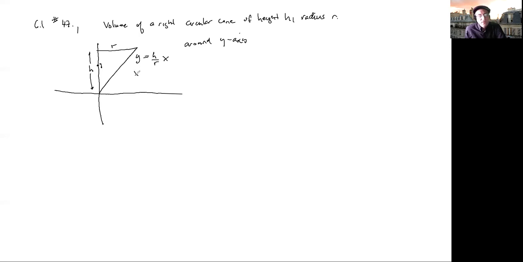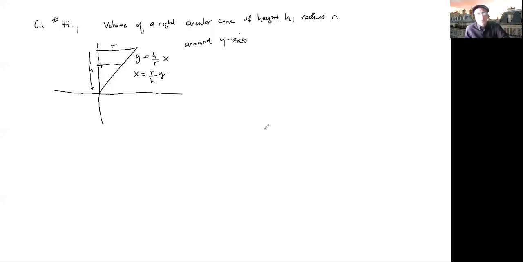We could also solve for it in terms of x. x is r over h times y. We're going to need that actually, because we have to calculate the volume of the cross section generated by rotating it around the axis. So let me erase a little bit of this picture because I messed it up.